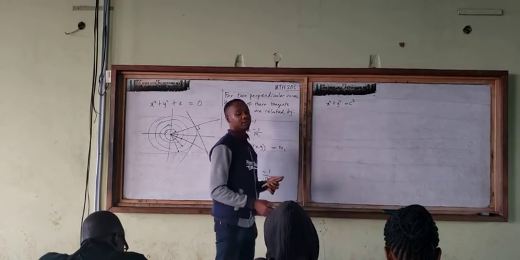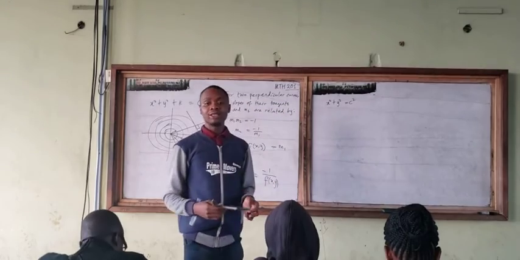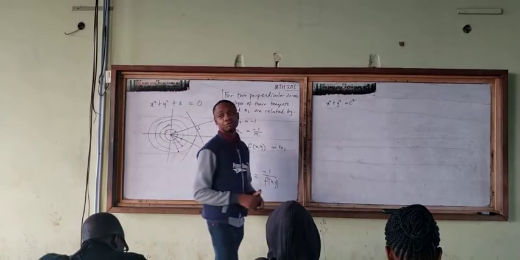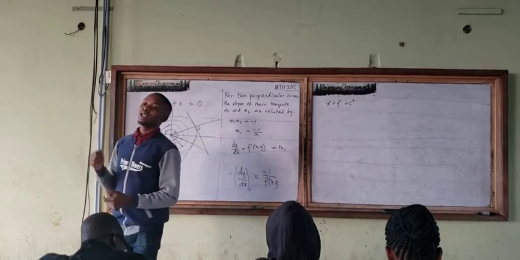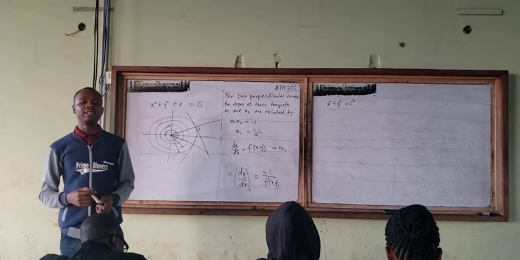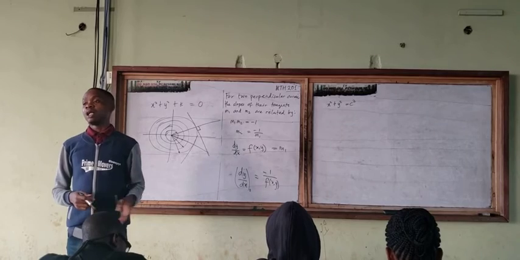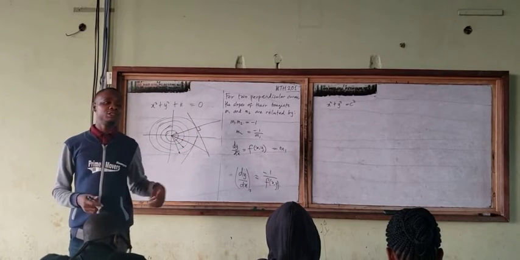So we want to get the equation of the orthogonal trajectories of this family of curves. So what's the first thing we want to do? The first thing to do is to get our derivative, dy dx. We know dy dx will give us the gradient of the family of curves. Are we together? That means I'll first get the gradient of this family of curves.